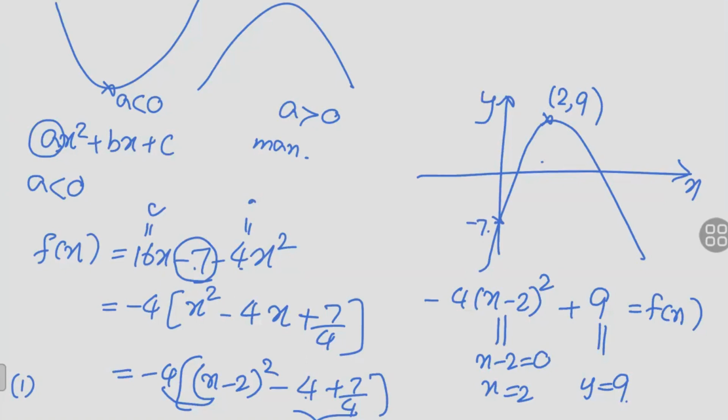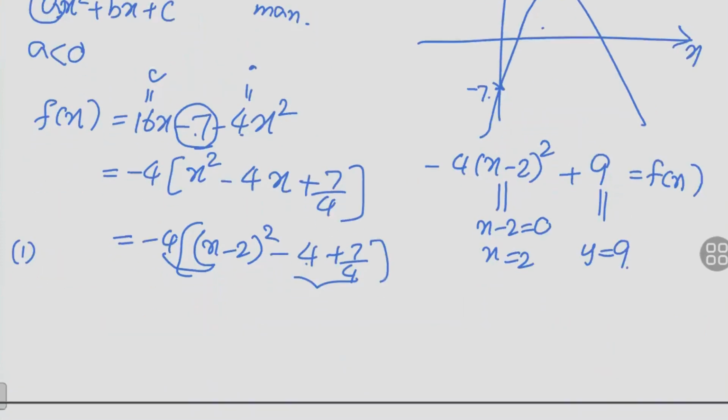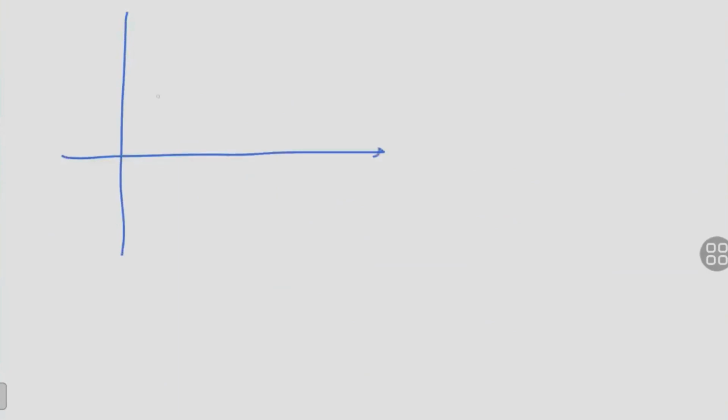Then for sketching the graph, you should know maximum and minimum. If they have given the graph, they ask you to find the maximum or minimum point, or the curve equation. They can ask this because they have not given this kind of question for a long time. Let's say a curve is given with perfect marking. Now let's say this is the minimum coordinate given, 2, minus 6.